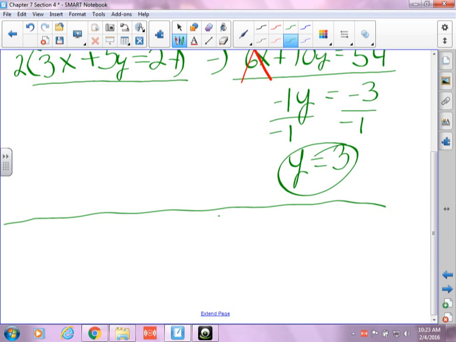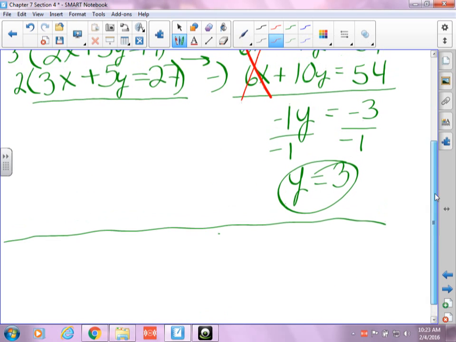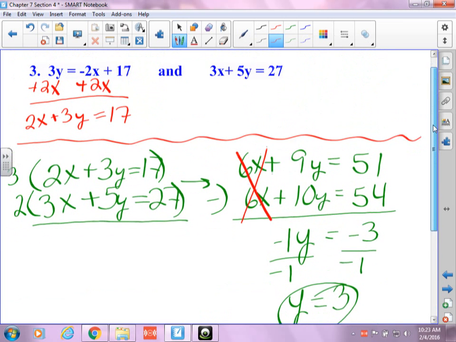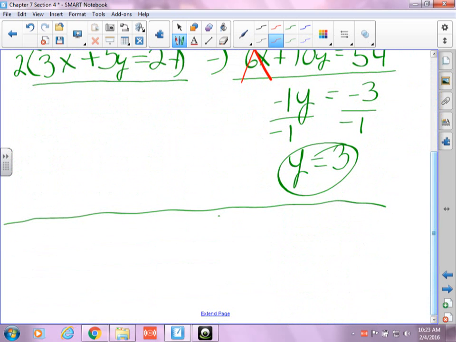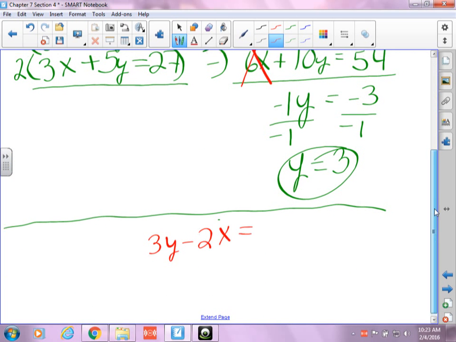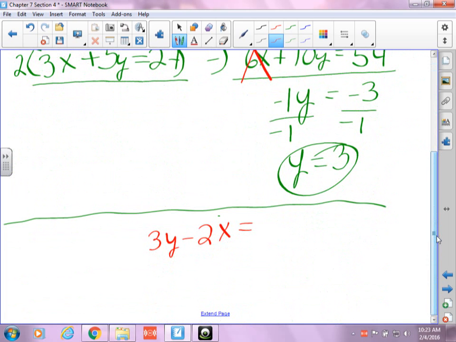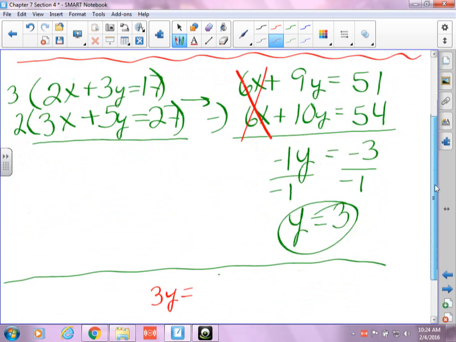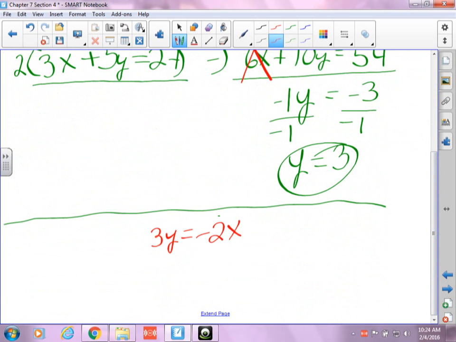Does it matter which equation? No. How about 3y minus 2x equals 17? Oh, plus 17. No. 3y, I gotta grab that again. 3y equals negative 2x plus 17. Okay?